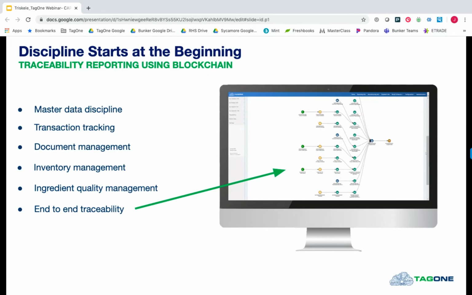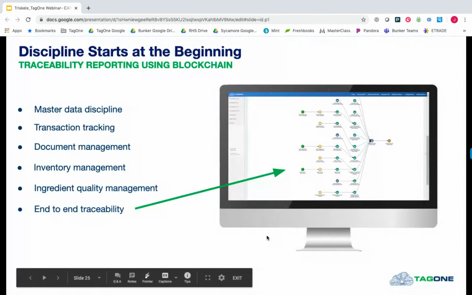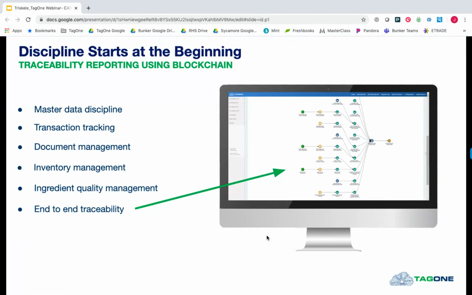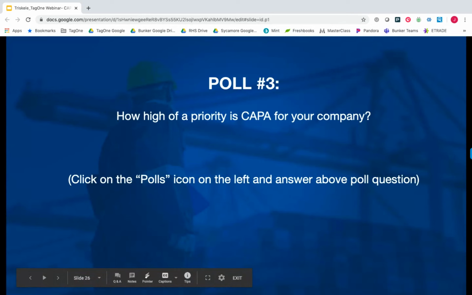So it's nice to have it all housed in one area where you can pull relevant data to your investigation. I can't stress enough how important it is just to have an electronic system. It just makes your life so much easier.